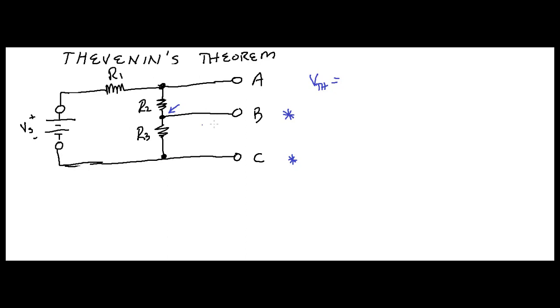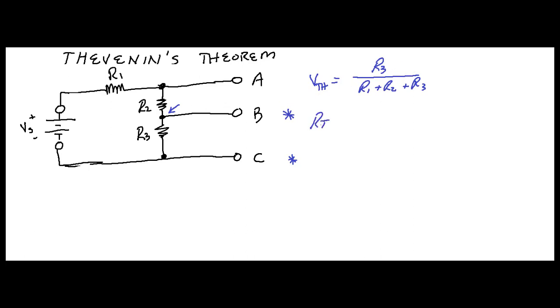So if we look at that, V Thevenin really is going to be R3 divided by R1 plus R2 plus R3. Get it? Makes sense, right? It's a basic voltage divider.